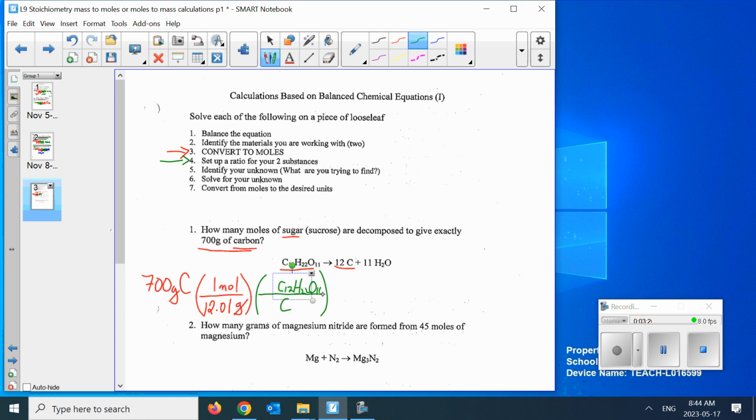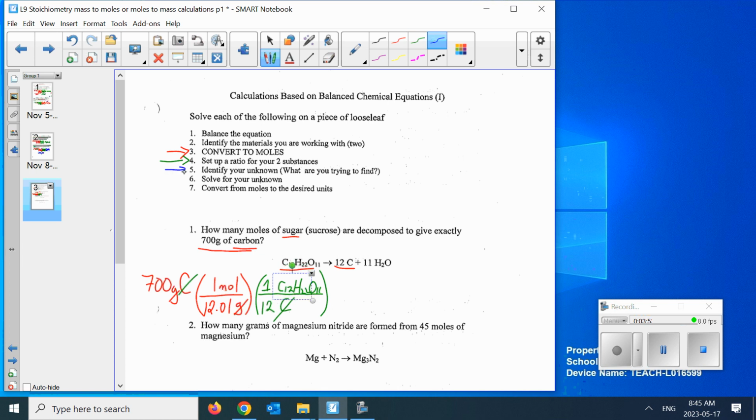Now, I want to put in the front numbers from the balanced equation, because that's really the important part. But now, I've gotten rid of information about carbon. If I stopped here, I would have moles of sucrose, sugar. And that's what I'm kind of mentally doing right now.